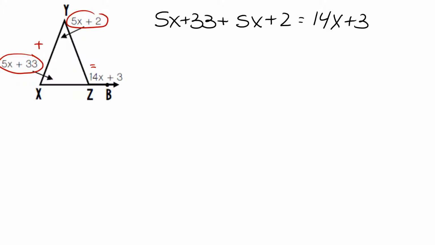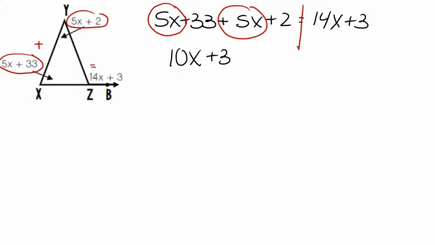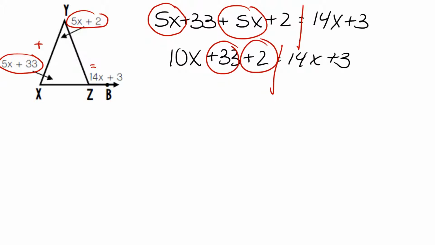plus 3. When we go to combine like terms, 5x plus 5x is going to give us 10x. Bring down the 33 and the 2. Still combining like terms, 33 plus 2 is going to give us 35.